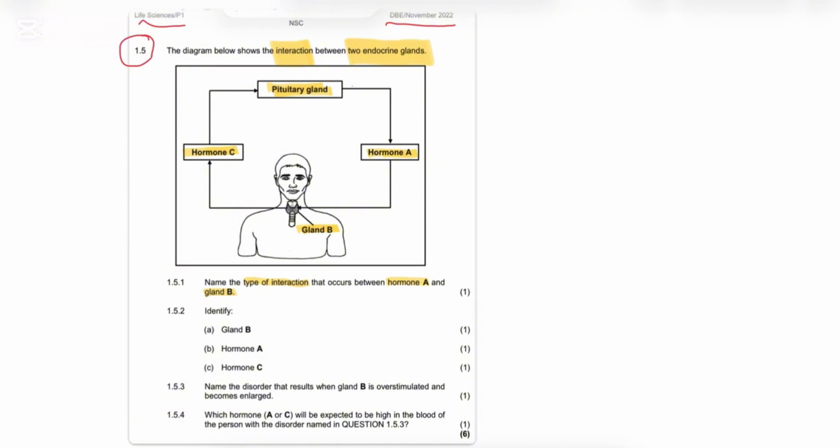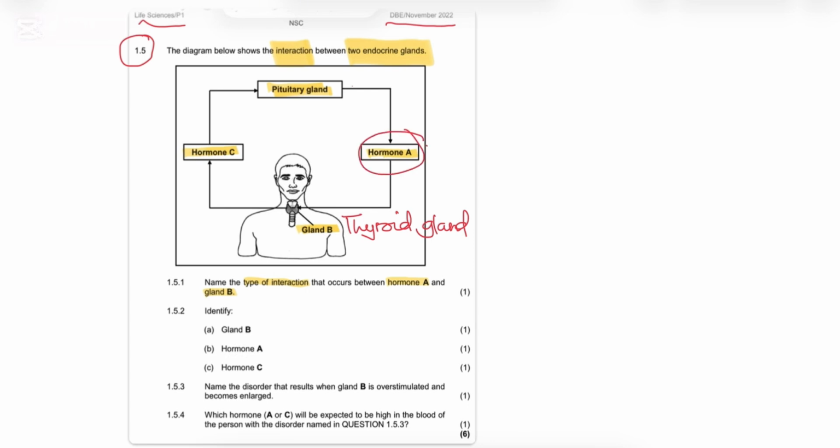So now, if we look at gland B, we'll see that from its position in the neck, we can identify gland B as the thyroid gland. Okay? Therefore, if gland B is the thyroid gland, it means that hormone A would be thyroid-stimulating hormone, which is produced by the pituitary gland.